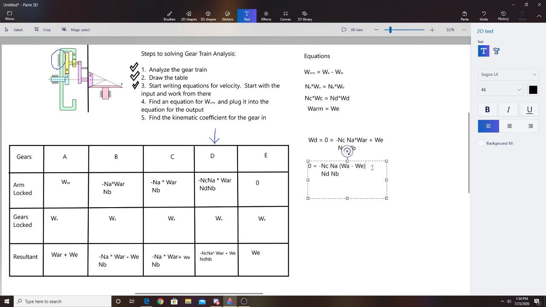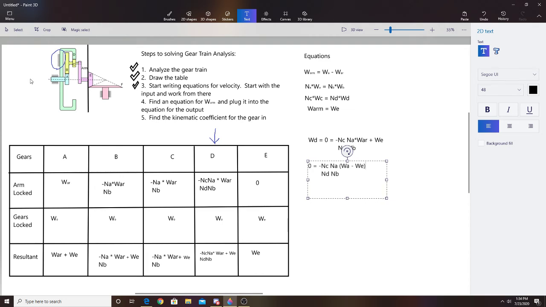Because the goal of this, guys, if you remember, is we have to get A in terms of E. And then once we have A in terms of E, we can do the same gear analysis that we did with this table, and we can do it with E to F. And once we know E in terms of A, or A in terms of E, we can plug that equation into the one between F and E, and you can get F in terms of A, which is what we want.